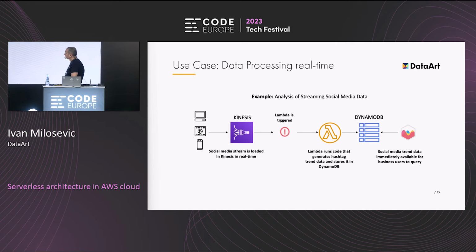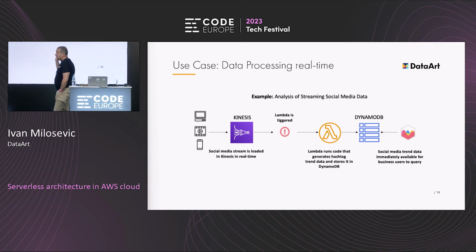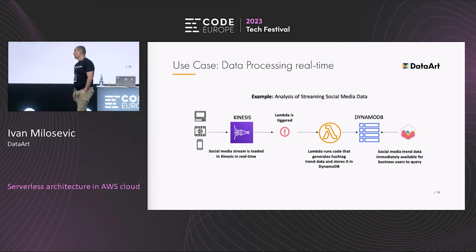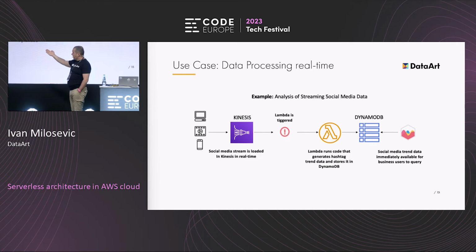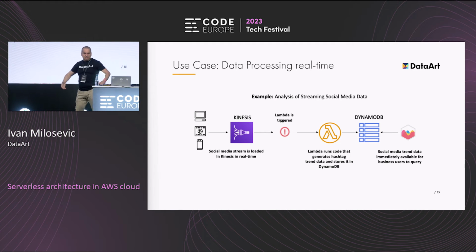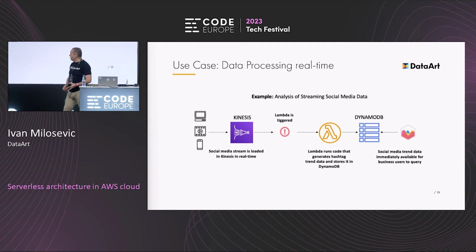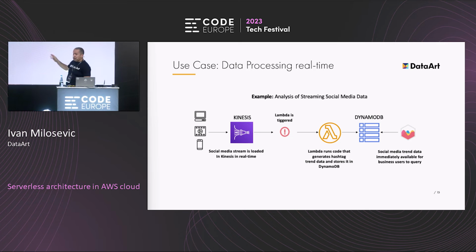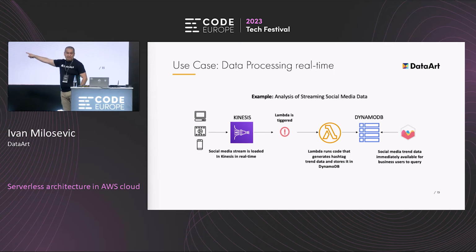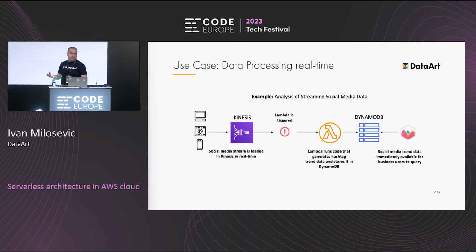Second part is about data processing. So what happens here? On the right side, there are multiple sources of the data, and there is a service called Kinesis. Kinesis collects all of the data and triggers the Lambda function, which, again, stores the data into the database. The key point over here is the left side, the services or data sources on the left side.